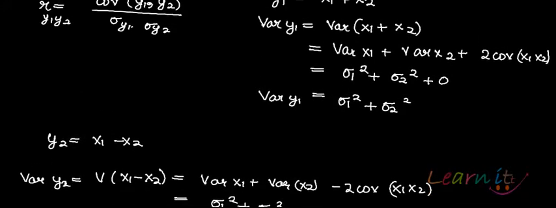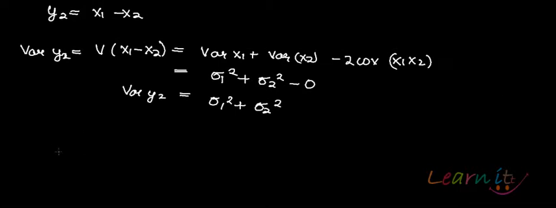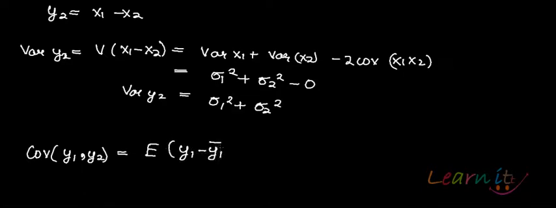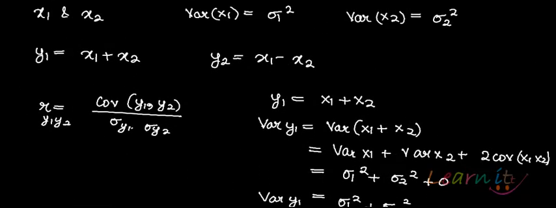Now, what about covariance? Covariance of y1, y2 will be given by E of y1 minus y1 bar into y2 minus y2 bar. What is y1?